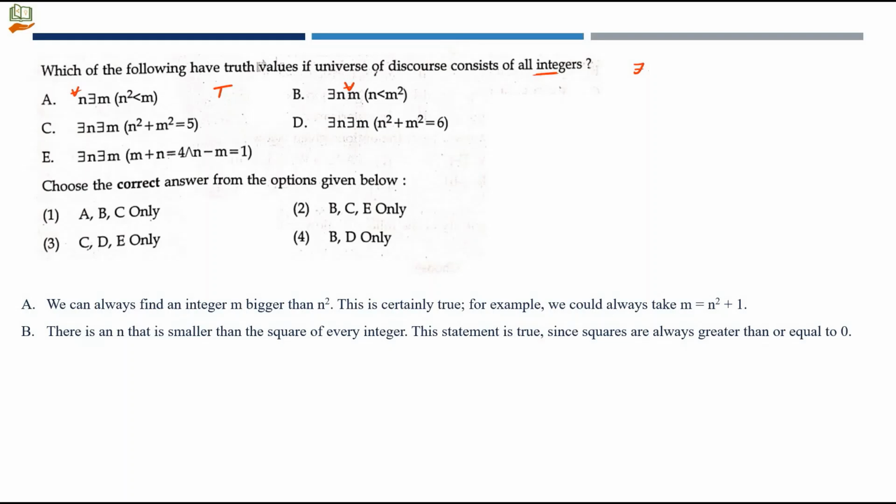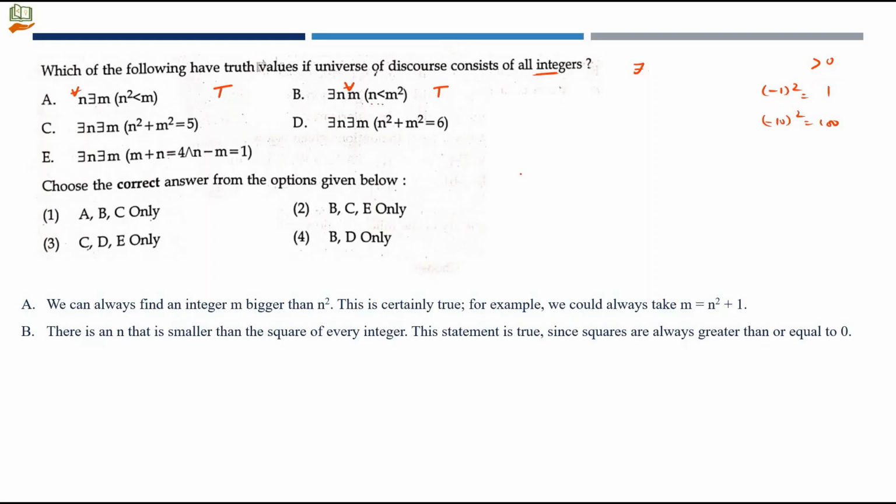If it is 2 square, it is 4. Even if you take minus 1 the whole square, it is 1. Even if you take minus 10 the whole square, it is 100. All the squares will be greater than or equal to 0. In that case, we can say any number can be less than the square of every other number. B is also true.